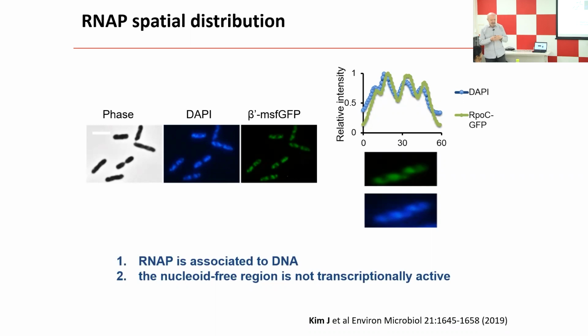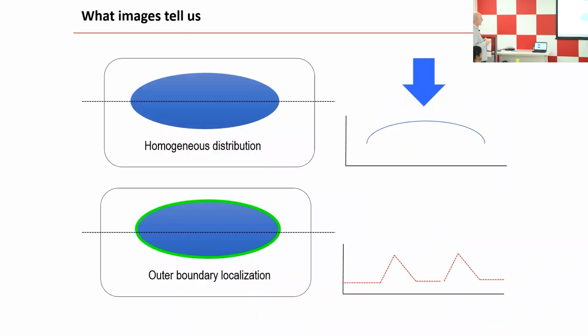So it seems that what is called the nucleoid, that is where the DNA is inside the cell, overlaps 100% with the location of RNA polymerase, and that in principle may make sense. One thing that is interesting to consider when you analyze these images is that an image is bidimensional, but in reality, cells are three-dimensional. So you have to be careful on how you interpret the signals, because if you have a homogeneous distribution of a signal in fluorescence microscopy, then the signal that comes from the center of the object is more intense than the one that comes from the periphery, from the margins.